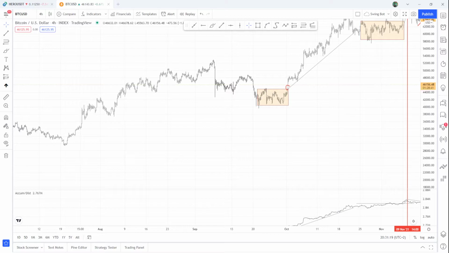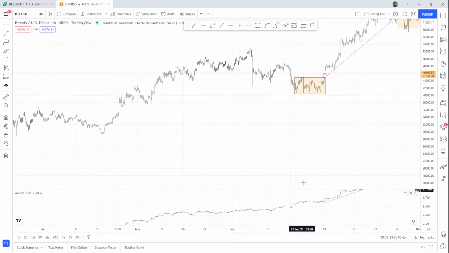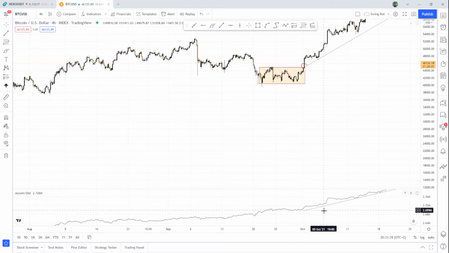Also, you can identify divergence between the price and volume flow. Let me see if I can find any to show you an example. I think here we have one. Let me remove this one.